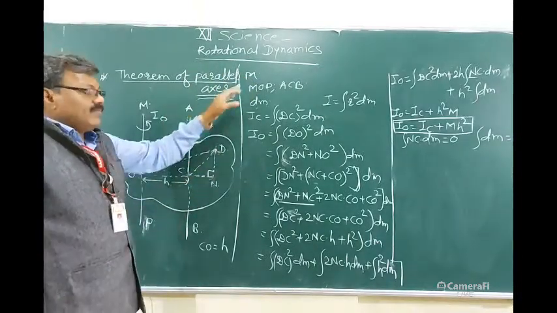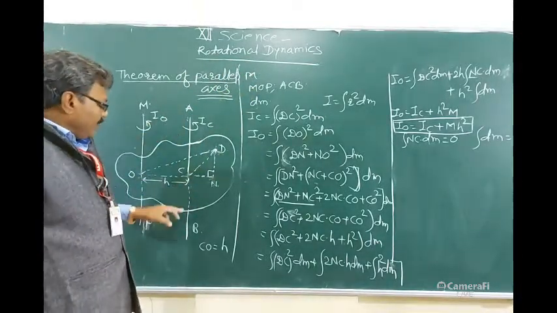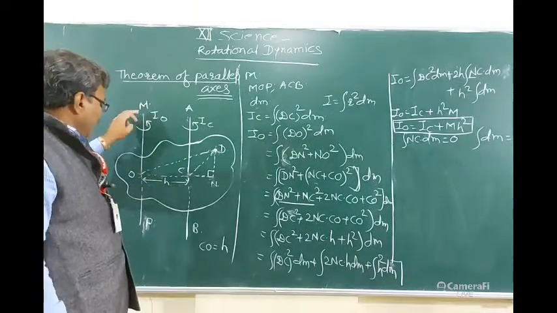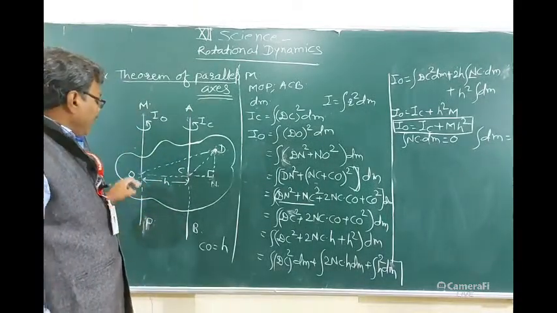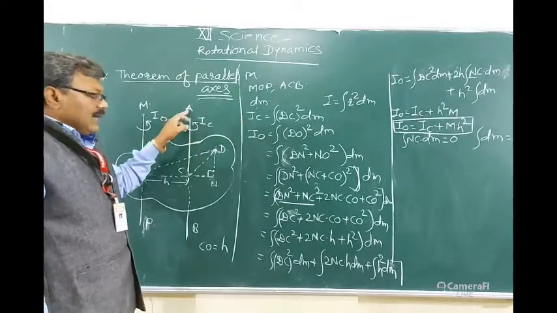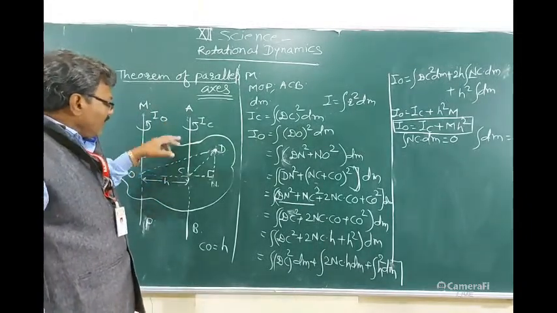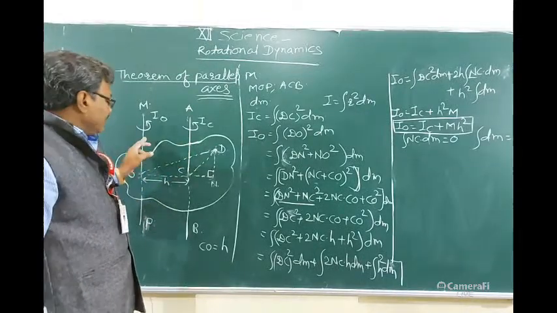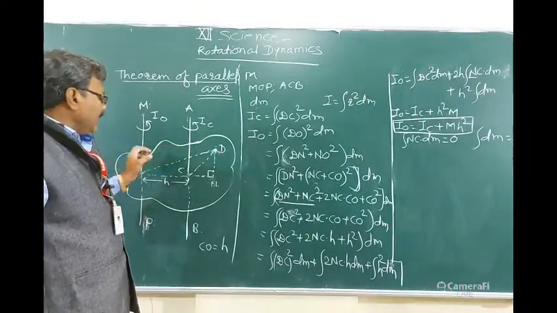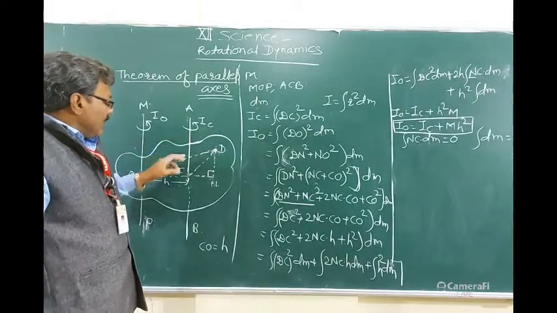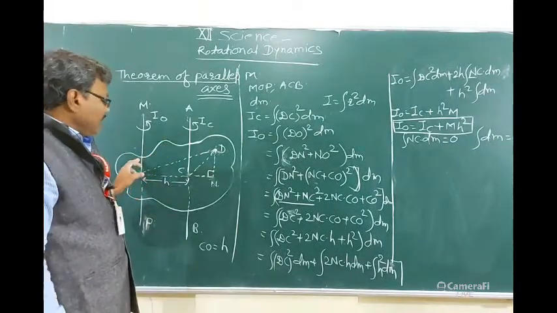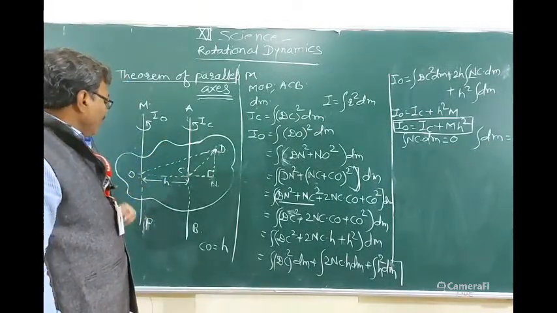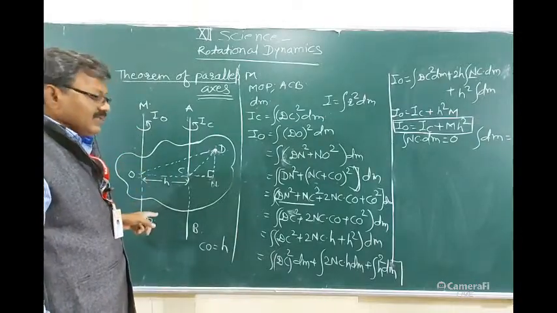Now MOP is the axis passing through point O, and another axis of rotation is ACB. It is parallel to the given axis, and it is at distance h from the given axis. Now we want to find the moment of inertia about this axis.